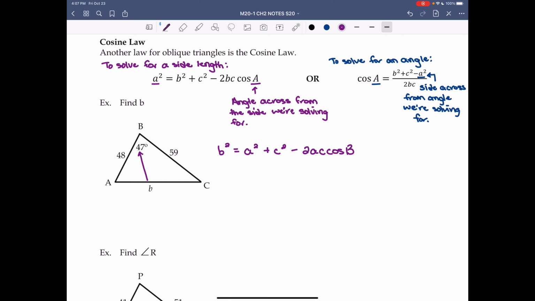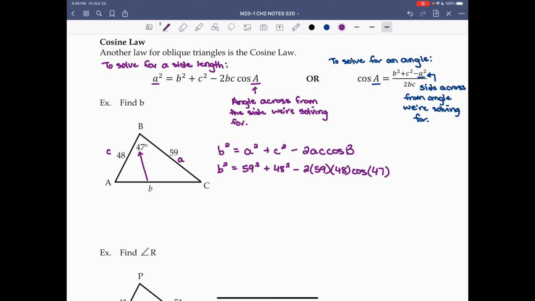Plugging in my values, a is 59 and c is 48, although the order of those two doesn't matter: b squared equals 59 squared plus 48 squared minus 2 times 59 times 48 times cos of angle B, which is 47.